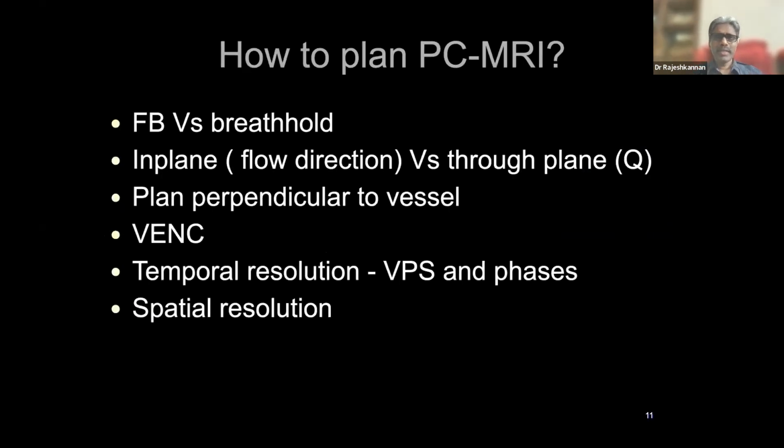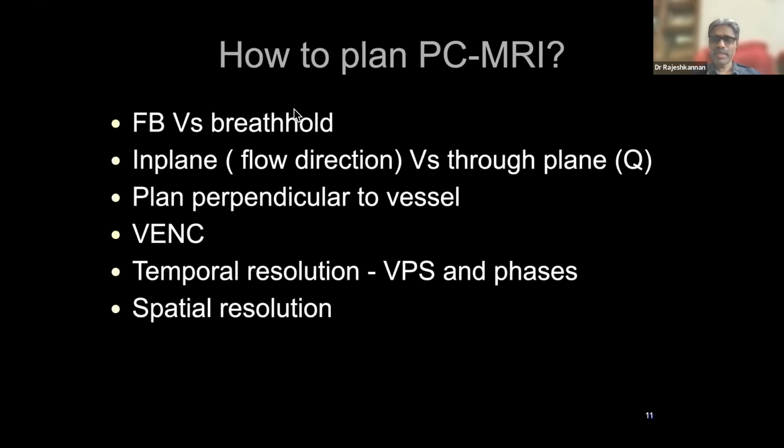So coming to some of the practical points when you are doing phase contrast MRI, one important thing we have to know is whether we have to do it in free breathing or with a breath hold. So there are advantages and disadvantages. When you are using a breath hold sequence, it is much faster.